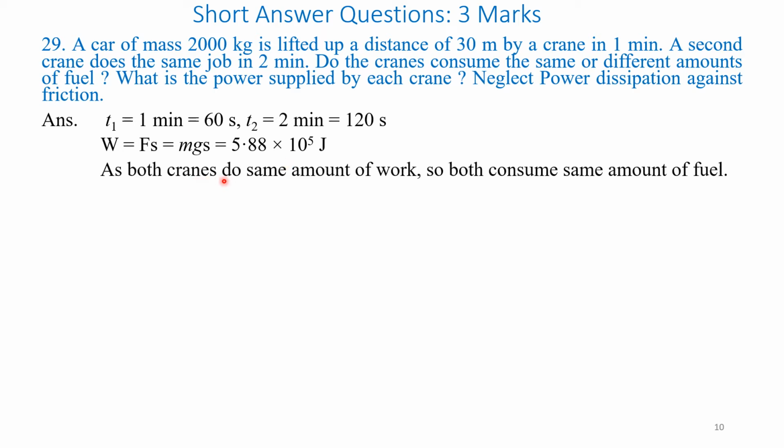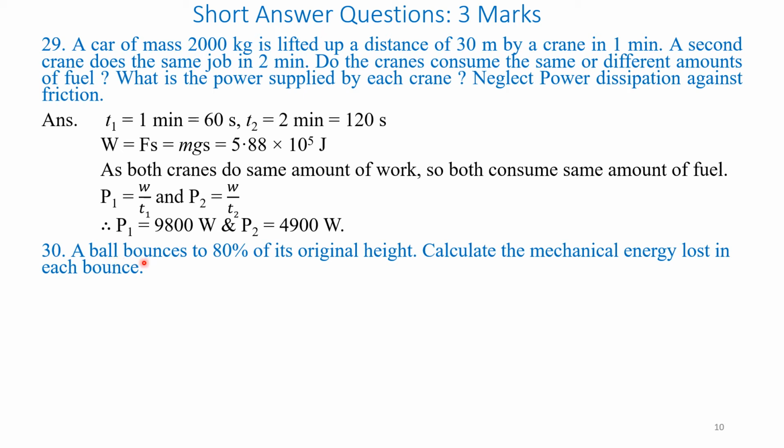As both cranes do the same amount of work, both consume the same amount of fuel. Power P1 is equal to W by T1 and power P2 of the second crane is equal to W by T2. Putting the values, P1 is 9800 watts and P2 is 4900 watts.